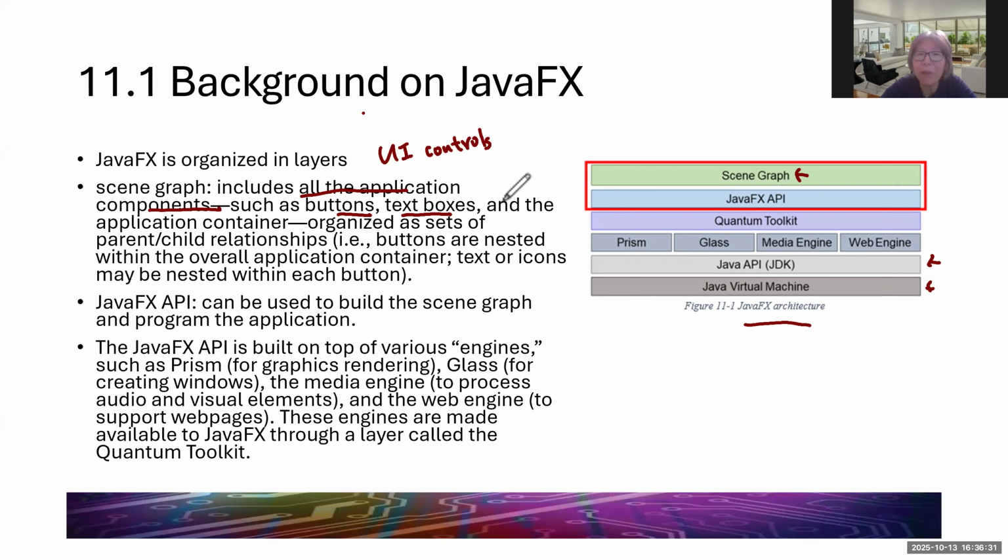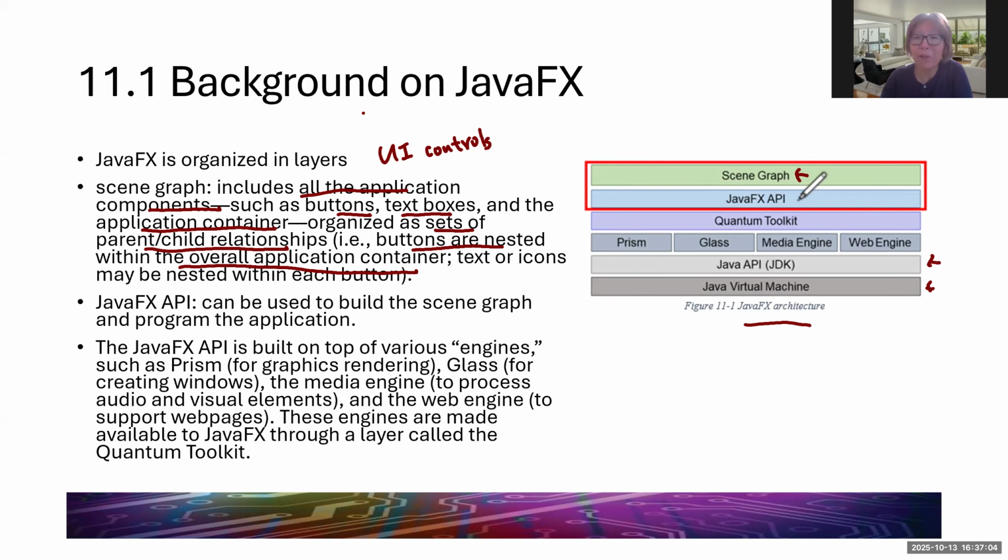And sometimes you want to group those individual UI controls together, then we call it an application container. We can also organize them as sets of parent-child relationships. Like here, buttons are nested within the overall application container. So that's regarding the scene graph.